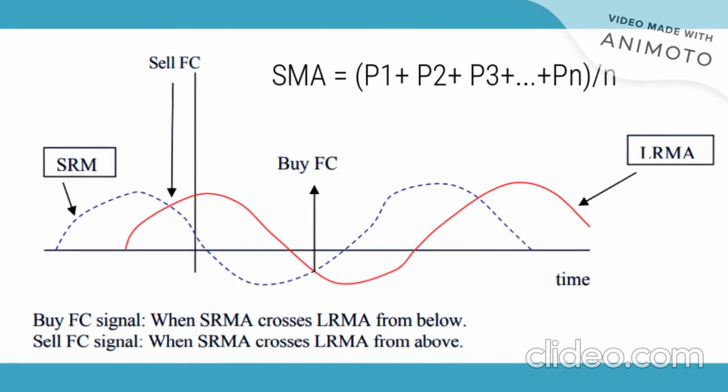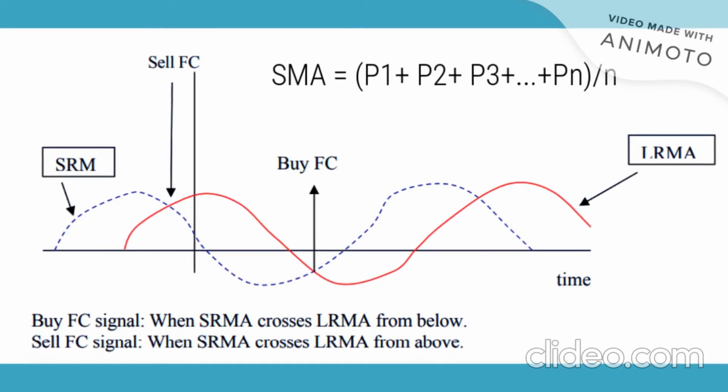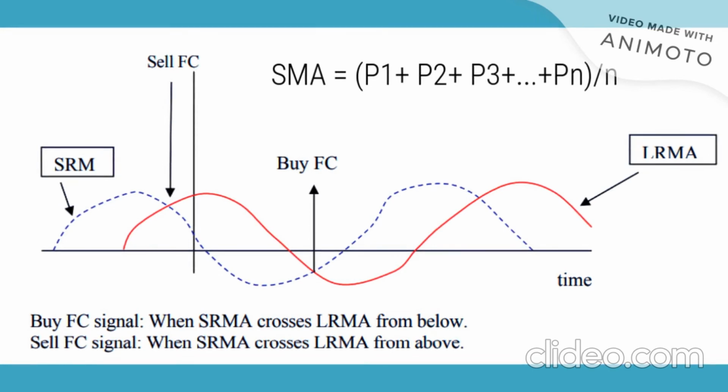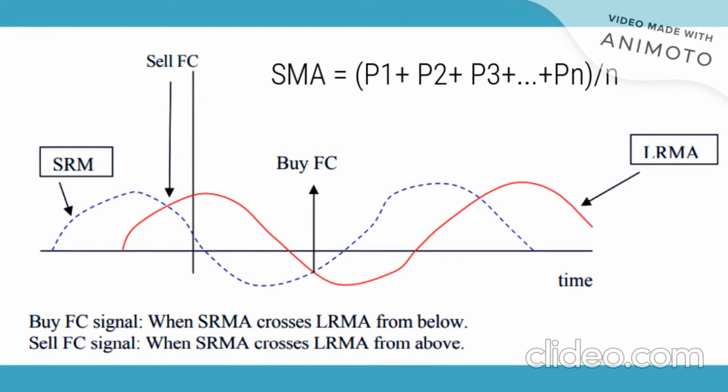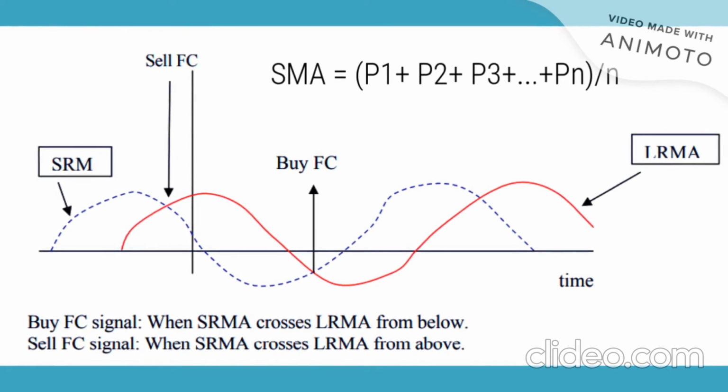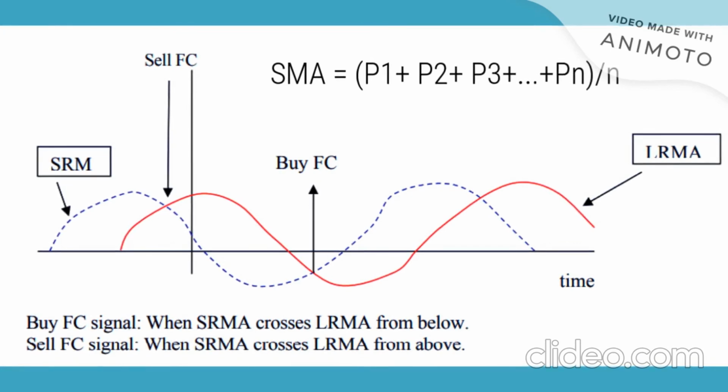The simple moving average is calculated by adding the price of an instrument over a number of time periods, then dividing the sum by the number of time periods. If we include the most recent past prices, then we calculate a short-run moving average. If we include a longer series of past prices, then we calculate a long-term moving average.